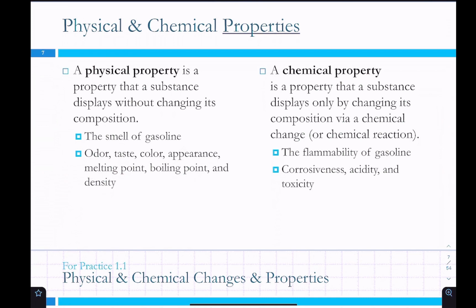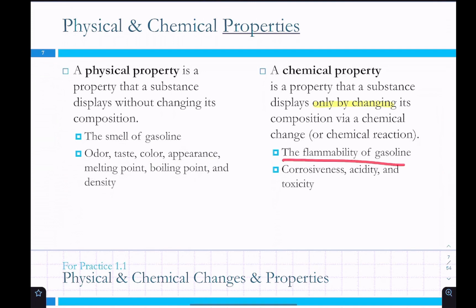Chemical properties are properties that a substance displays only by changing its composition via a chemical reaction. And really, by definition, a chemical property is how a substance reacts with other substances. So under what conditions will it change chemically? These can only be displayed by changing its composition.